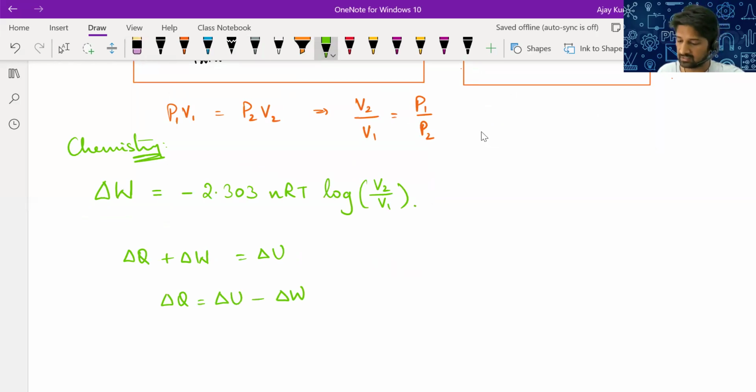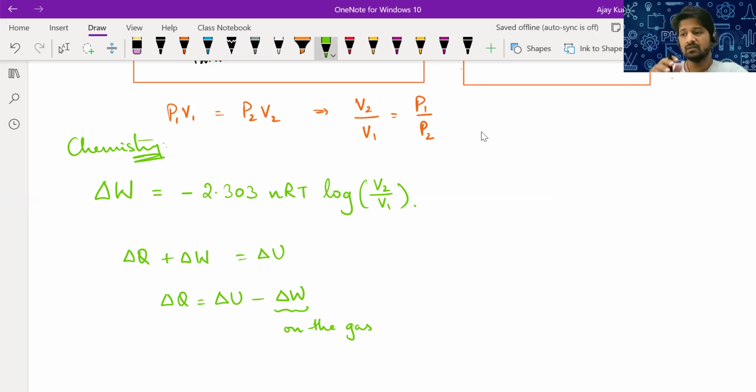Because in chemistry, delta W stands for work done on the gas, meaning how much energy we are supplying to the gas in the form of work. In physics, we don't do that. Why? Because in the thermodynamics that we study in physics, we are interested in converting heat to work. So the gas should do the work. We won't be doing work on it. Fine.